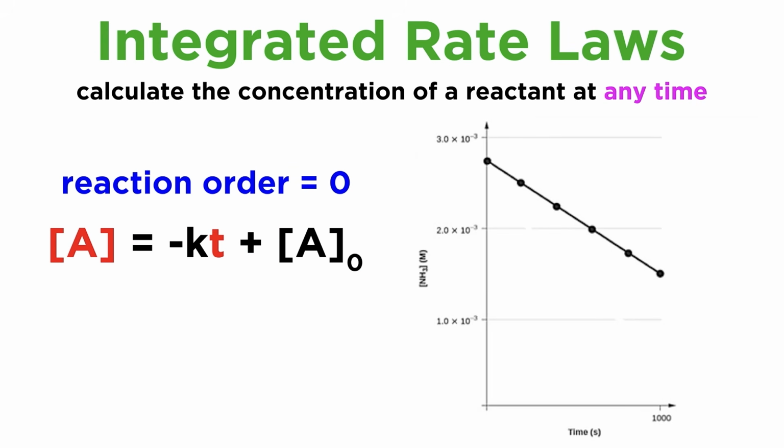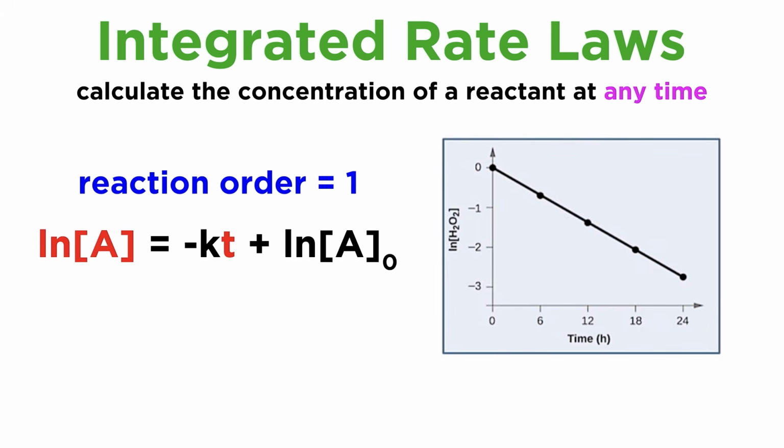We can see that for a zero-order reaction, plotting concentration versus time gives us a straight line, and the slope is equal to the opposite of the rate constant. For a first-order reaction, plotting the natural log of concentration versus time gives us a straight line, again with the slope equal to the opposite of the rate constant.